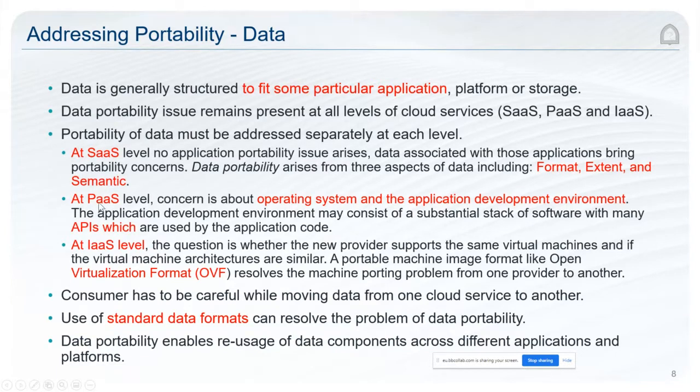For the platform, we are talking about the operating system and the application development environment. If you want to move an application from one place to another, you can use APIs. The best way is to use APIs.